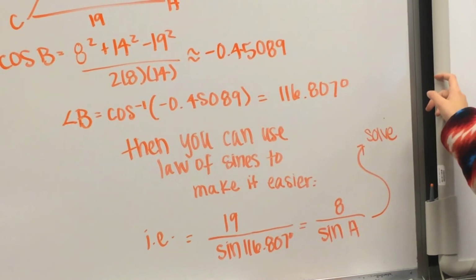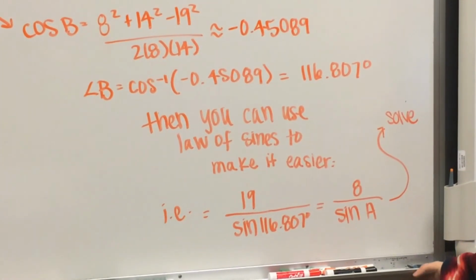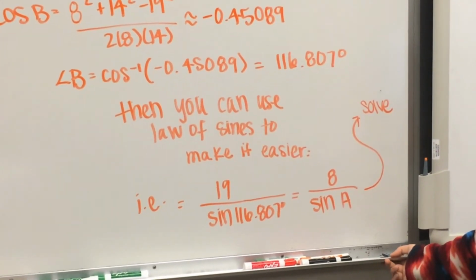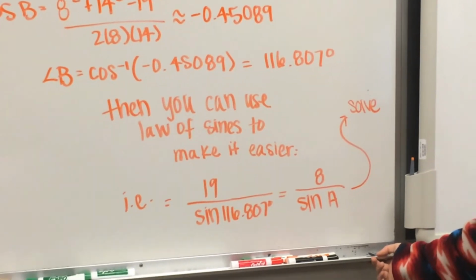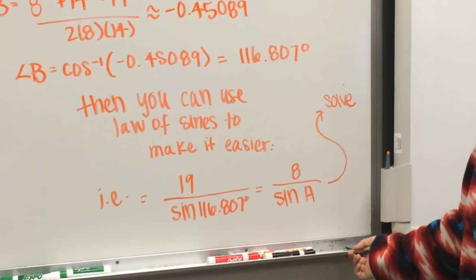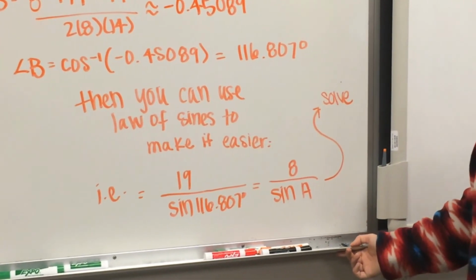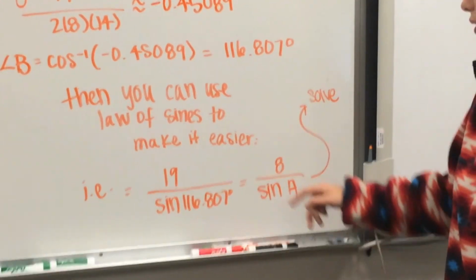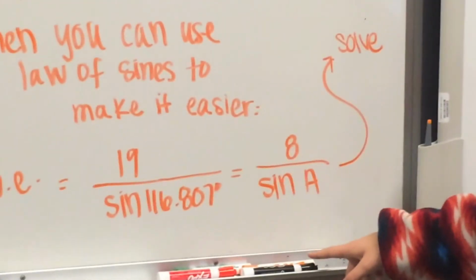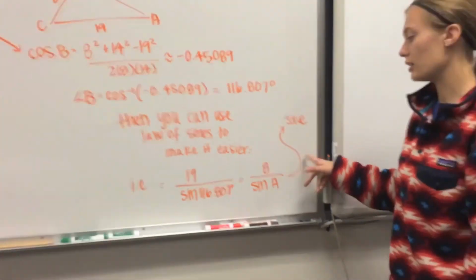From there, to find the angle, you're going to do angle B equals inverse cosine of negative 0.45089, which will give you 116.807 degrees. And then from there, you can use the law of sines to make it easier for yourself. You will do 19 over sine of 116.807, which equals 8 over sine of A, and then you can solve from there.